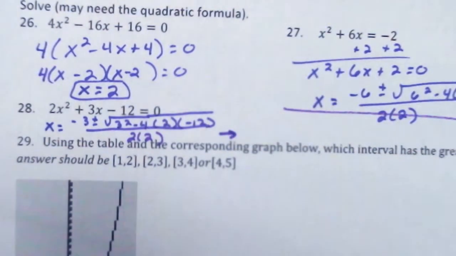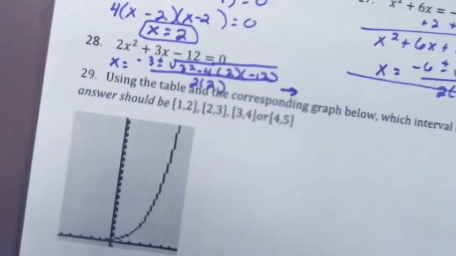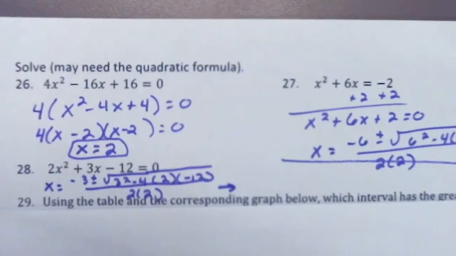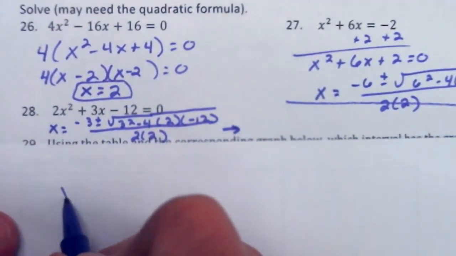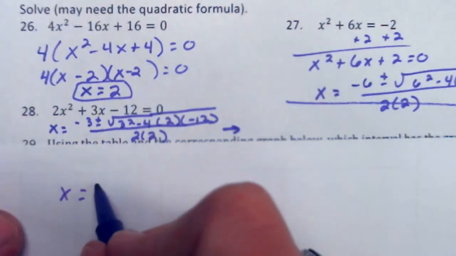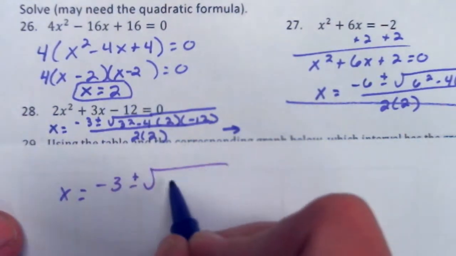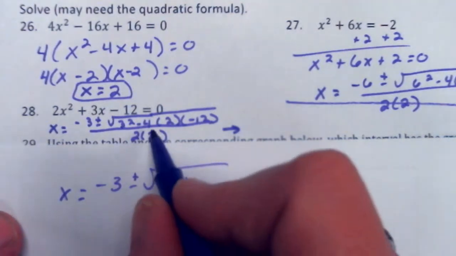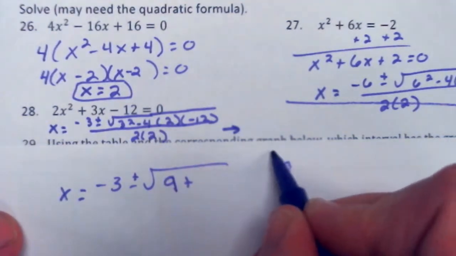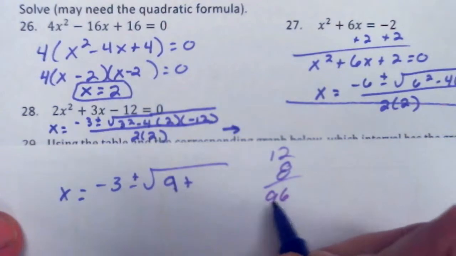I'm running out of room. I'll grab another piece of paper. All right, so I'll finish it here. So x equals negative 3 plus or minus the square root of 9. Negative times negative is positive. 4 times 2 is 8. 8 times 12 is 96.